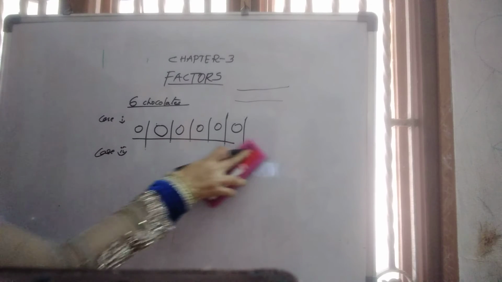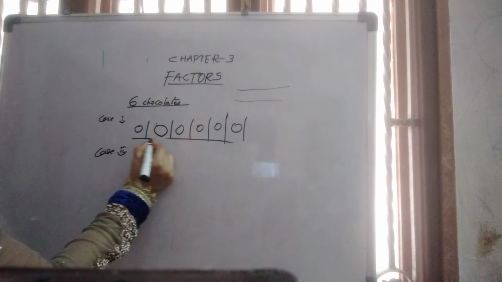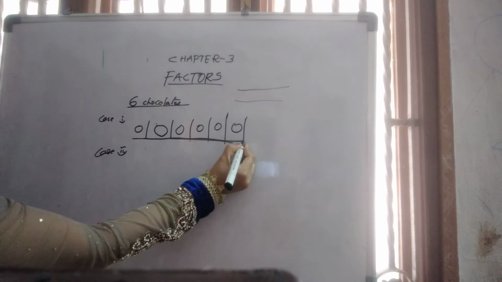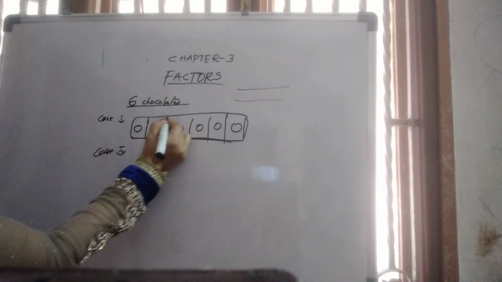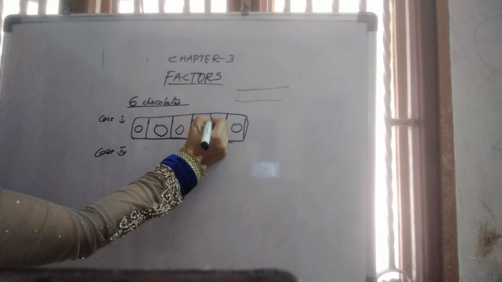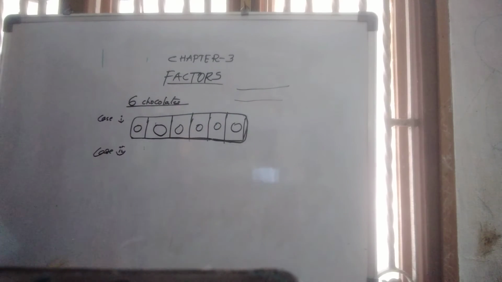I am going to explain factors, and why we want to take factors. That's why I am taking one example, chocolates or coins, anything. We have to take 6 chocolates or coins and arrange them in many possible ways. This is one possible way.